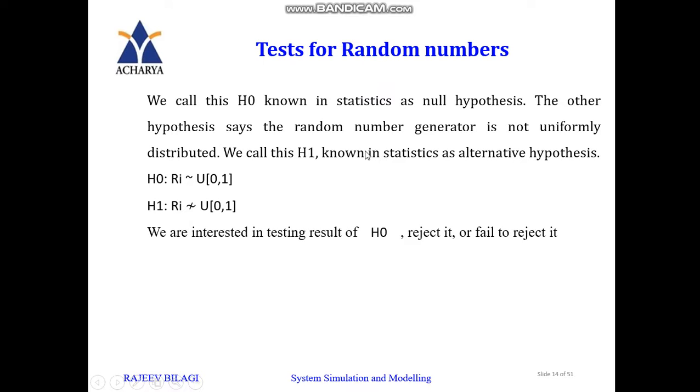Now there are two hypotheses. One is H0, the null hypothesis. Another one is H1, the alternative hypothesis. H0 is accepted if a set of random numbers are uniformly distributed between 0 and 1. If the numbers are not uniformly distributed between 0 and 1, then H1.